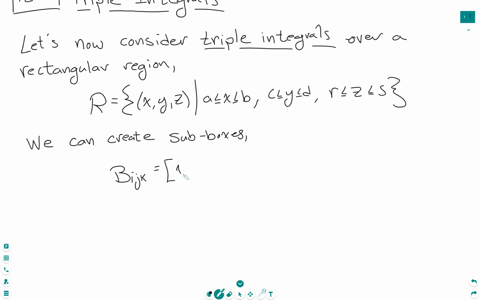And they go from x i minus 1 to x i, from y j minus 1 to y j, and then z k minus 1 to z k.